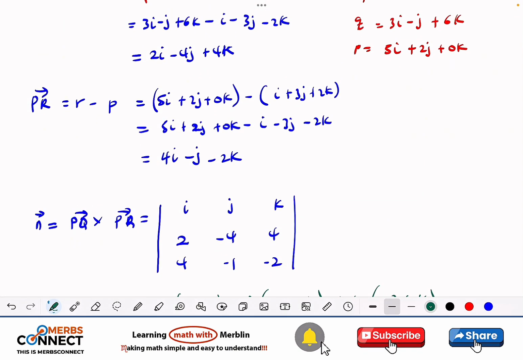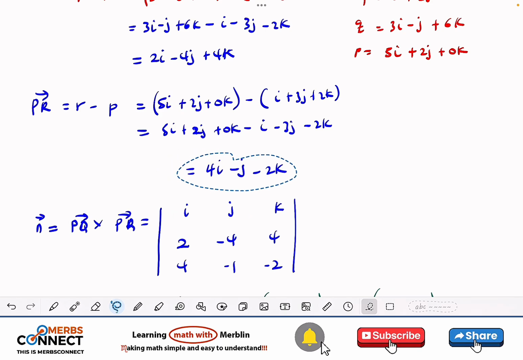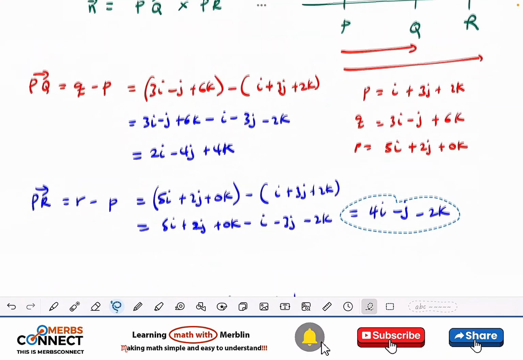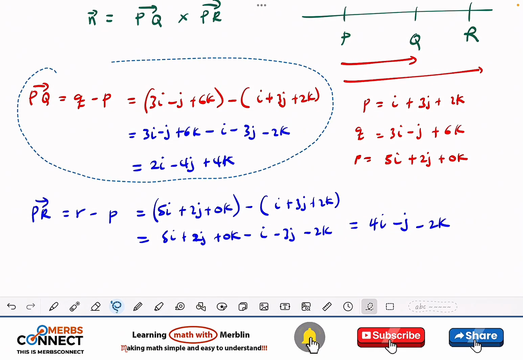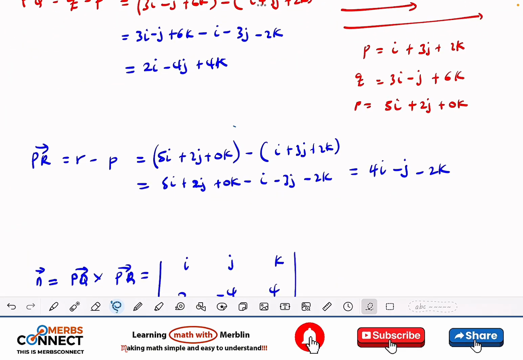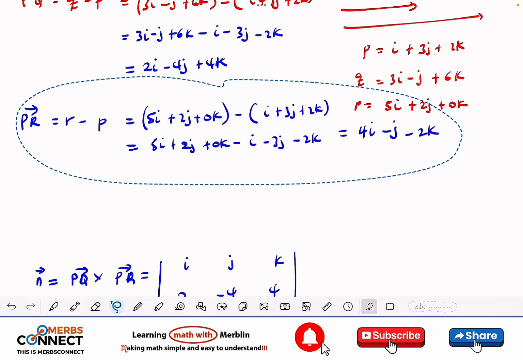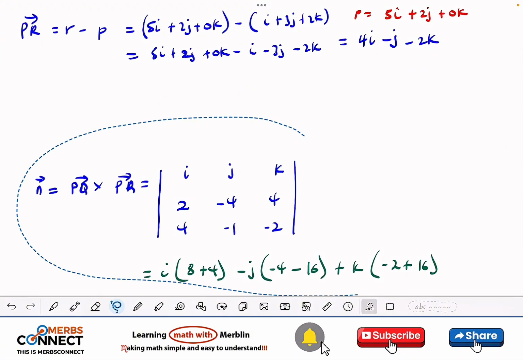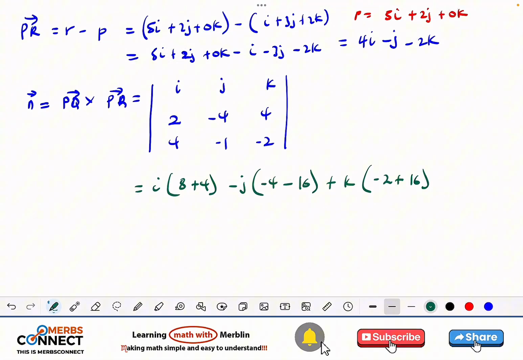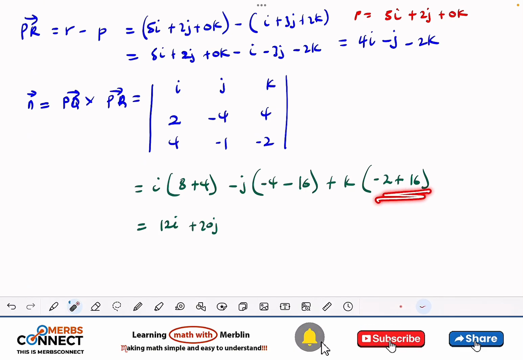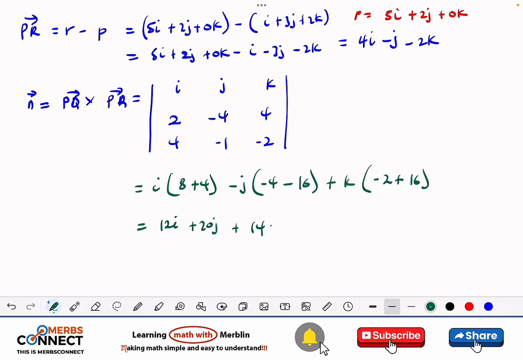Indeed, this is beautiful. So for me to get a space, I'll just move this here and shift this, so that we get space. So this is going to be 12i, and then minus 20 times minus will be plus 20j, and then this is going to be plus 14k.